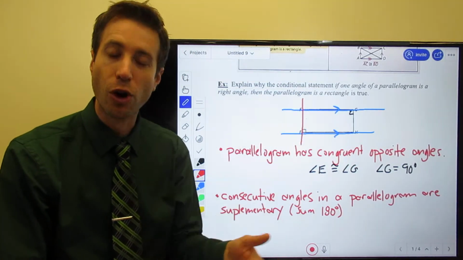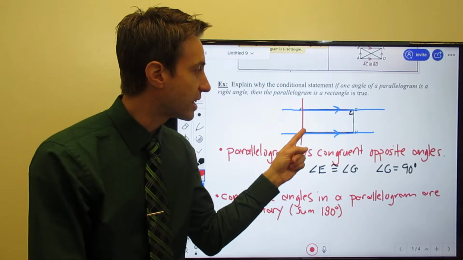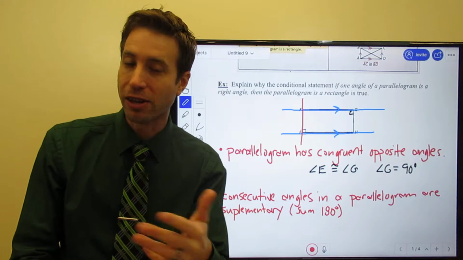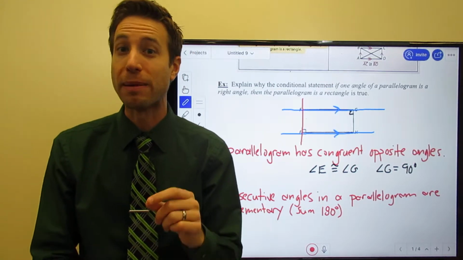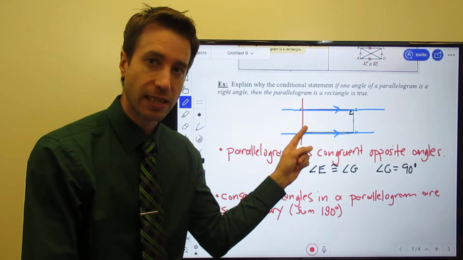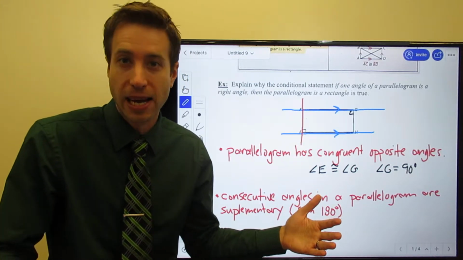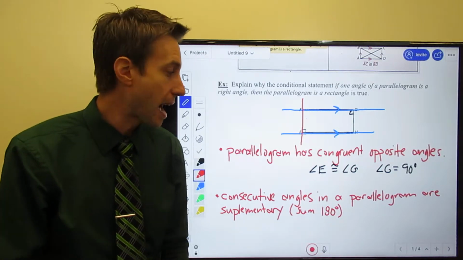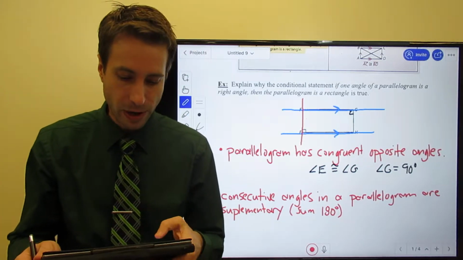There's my transversal. So what do I know about consecutive, or back when we were doing parallel lines cut by a transversal, we also called them same side interior angles. So whether you call them consecutive interior angles or same side interior angles, they have to sum to 180 degrees. They have to. So that's exactly what we've got here.